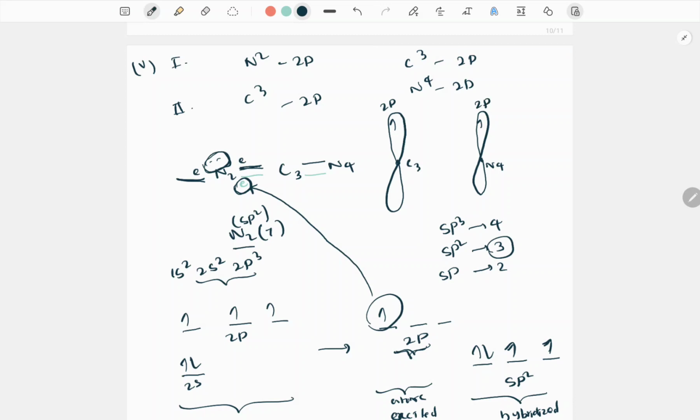Now our question is how the two double bonds are oriented in the Lewis dot structure given below.